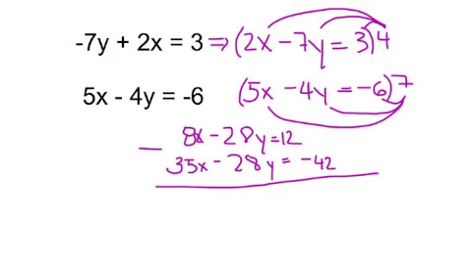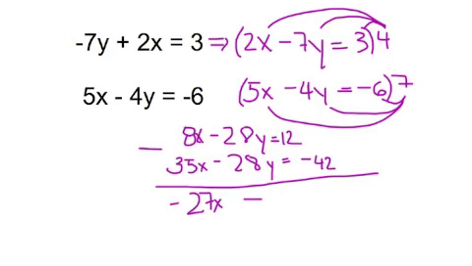So vertically, 8x minus 35x is negative 27x. I have a negative 28y minus a negative 28y. These two negatives will make it positive, so therefore the y is now eliminated.